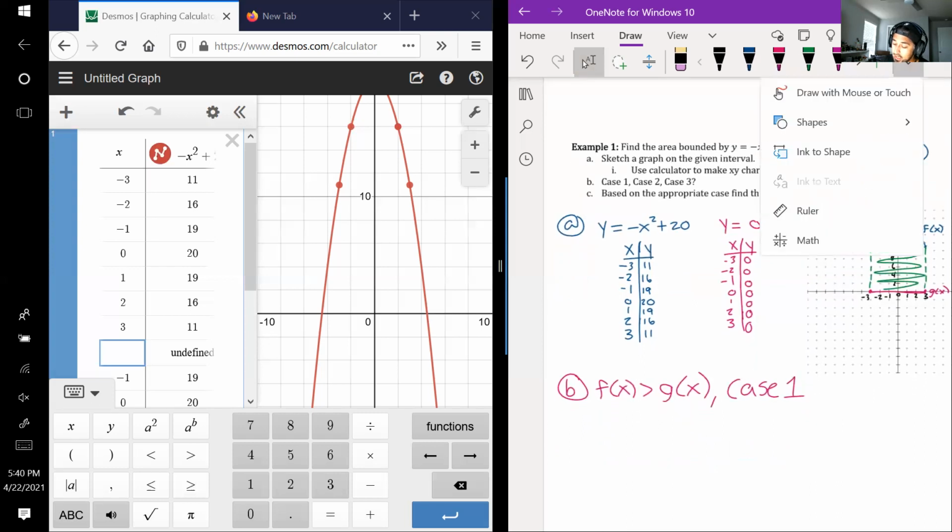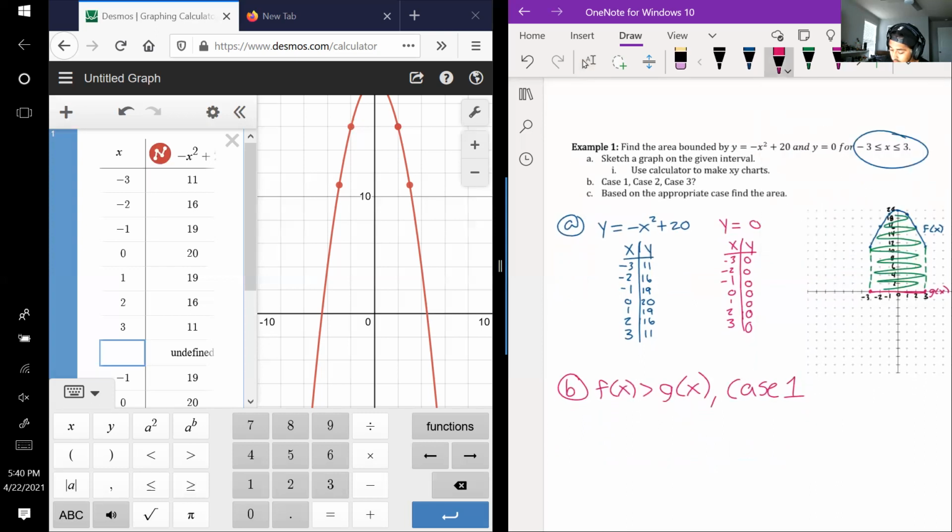And the setup for case 1 was the integral from a to b of f of x minus g of x dx.